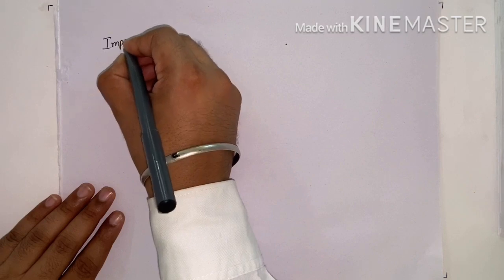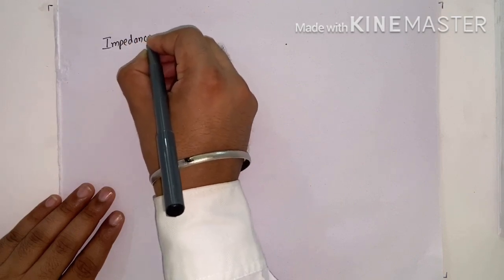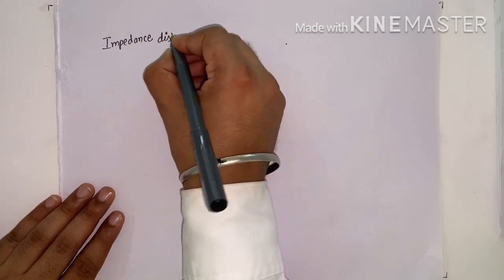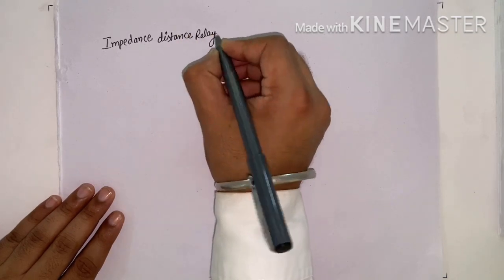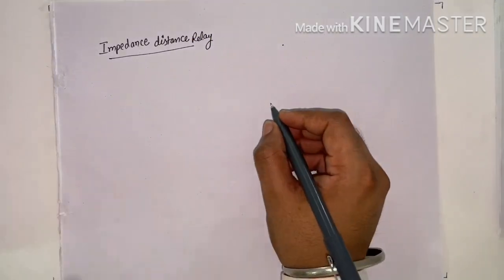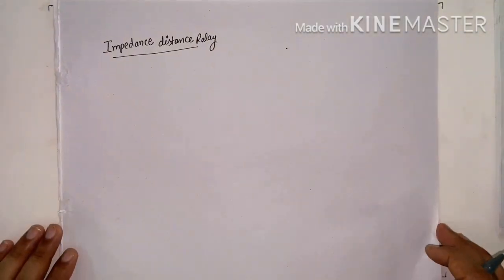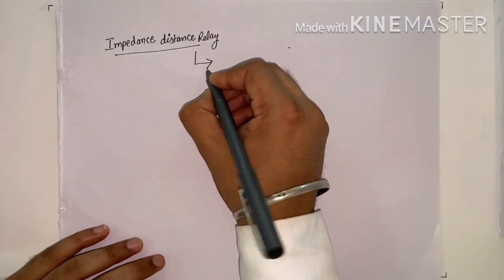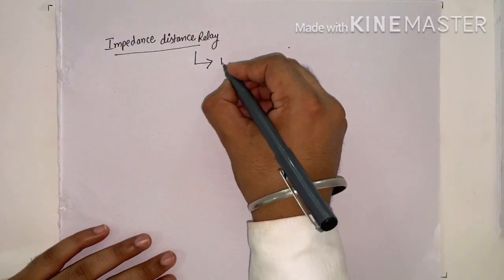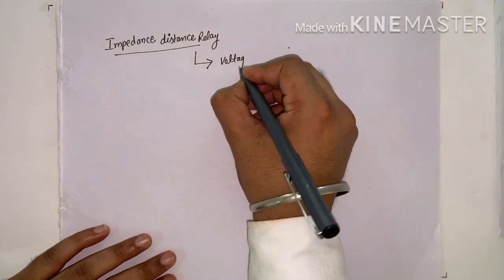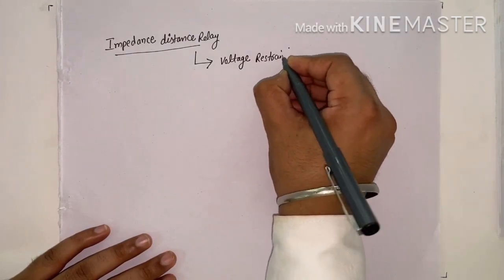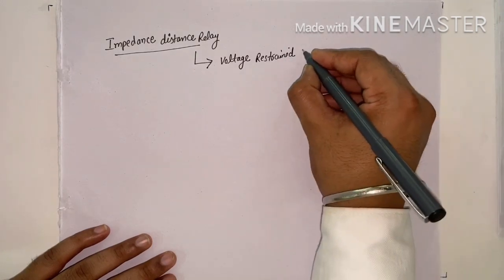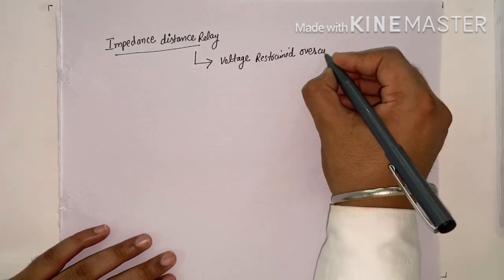Impedance distance relay. In the impedance distance relay, we have one more name, which is called voltage restraint over current relay.